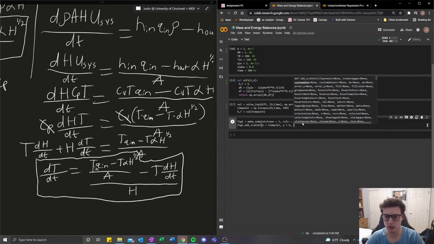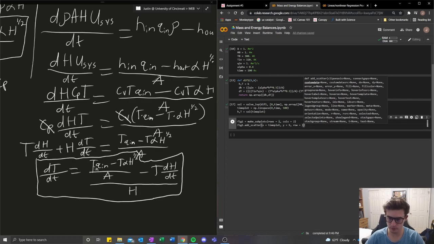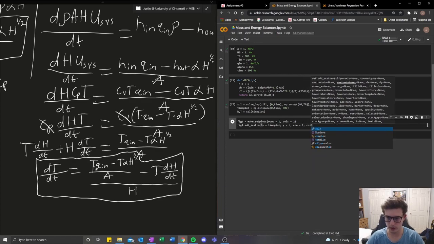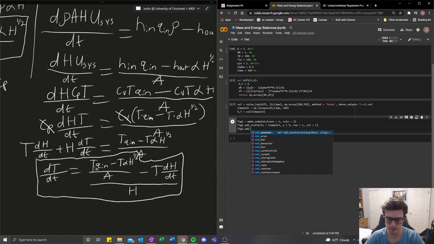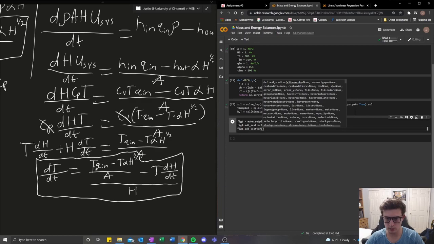And then we want this to be at row 1, because we only have one row. And we want this to be column 1. All right. And then we want to do another plot. We're going to add scatter. Want the same x value, time plot, use for both.